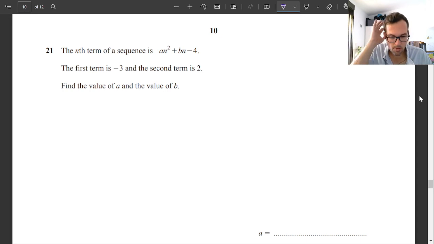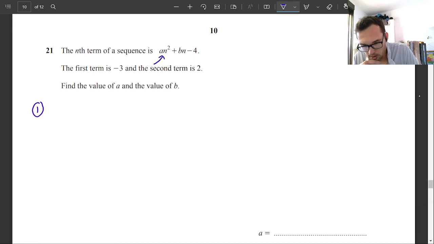The first term, remember, if we want to work out the first term of a sequence, what we need to do is substitute 1 into the n. So there and there. So let's do that. So that will be a substitute of 1 squared plus b 1 minus 4, and we also know that equals minus 3.